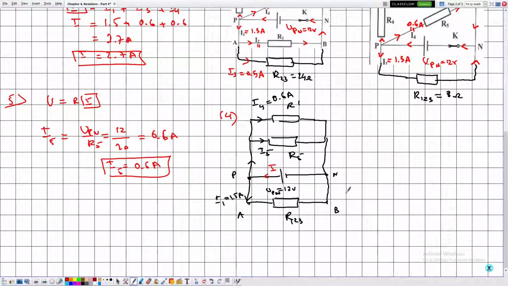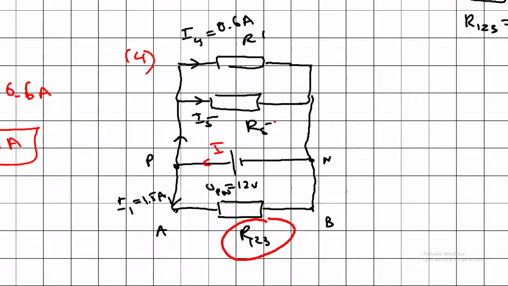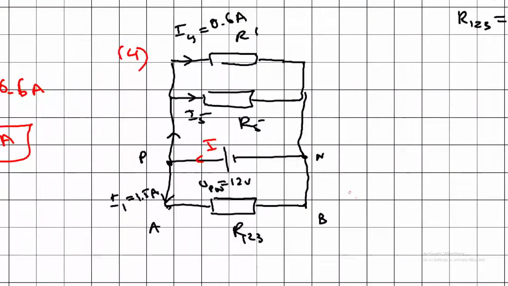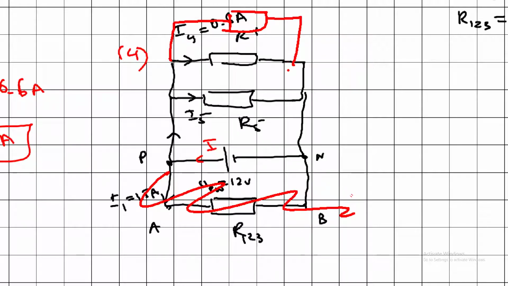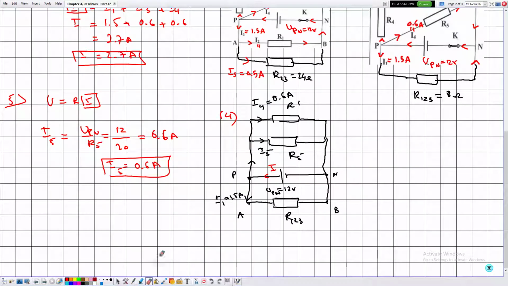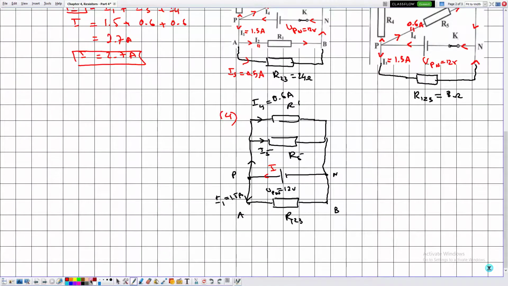Now notice that here we have 3 resistors, R123, R5 and R prime. All of them are in parallel, because you can consider that this resistor is connected like this. Here the value of R5 is 20 ohms and R prime is 20 ohms.